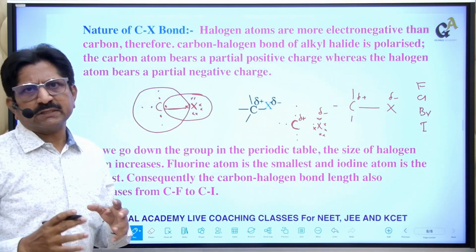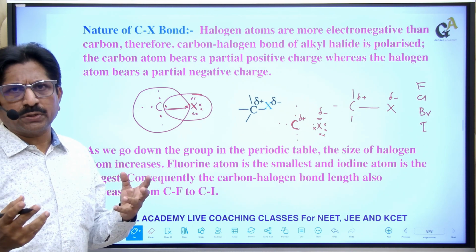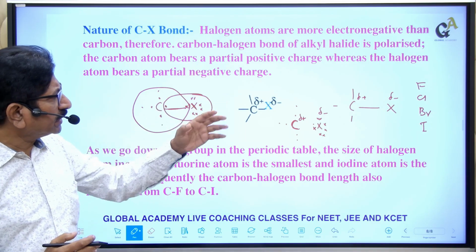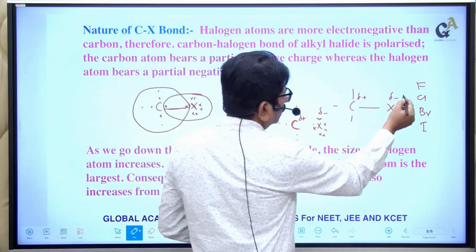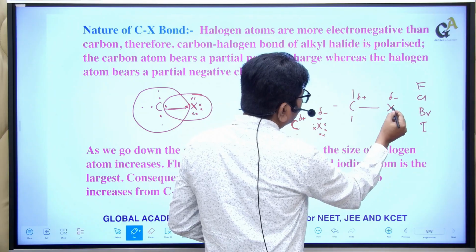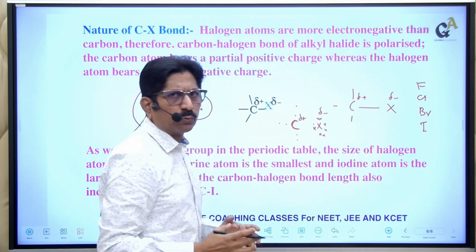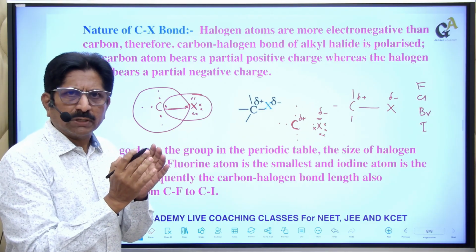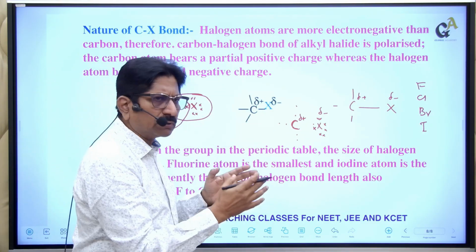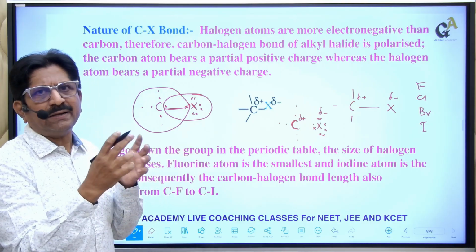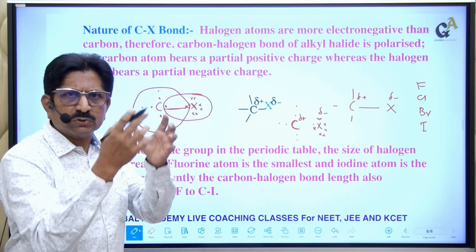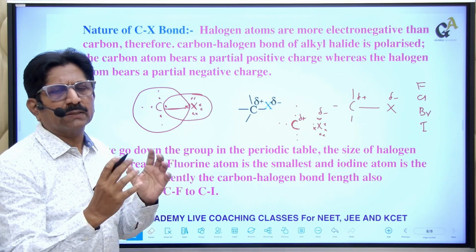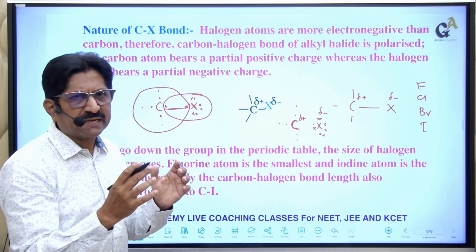Fluorine is highly electronegative compared to chlorine, then bromine, then iodine. Naturally, the bond between carbon and fluorine is a very strong bond, and the bond length is very short. Down the group, the bond length between carbon and the halogen atoms goes on increasing. The two reasons are electronegativity and size.